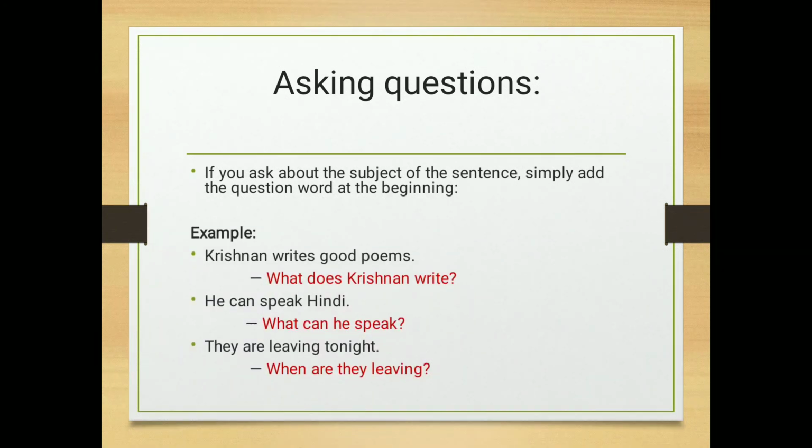See the example, Krishnan writes good poems. So what does Krishnan write? He can speak Hindi. What can he speak? They are leaving tonight. So when are they leaving? If you are concerned about the subject in a sentence, simply add the question word at the beginning of the sentence.